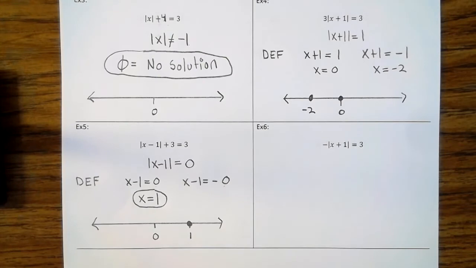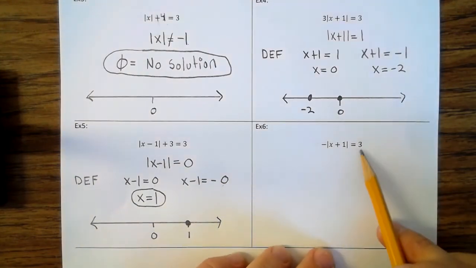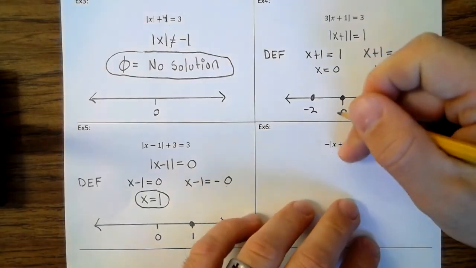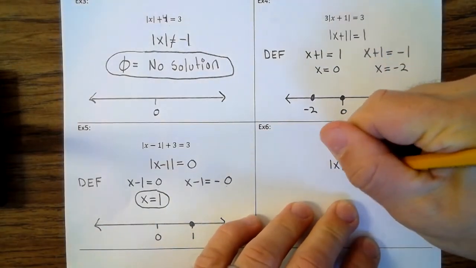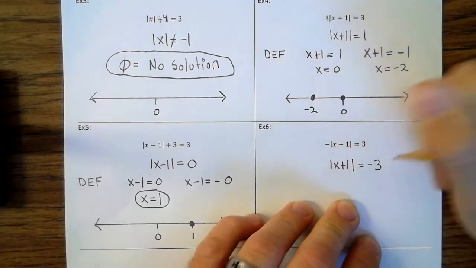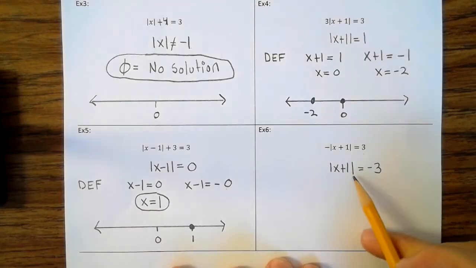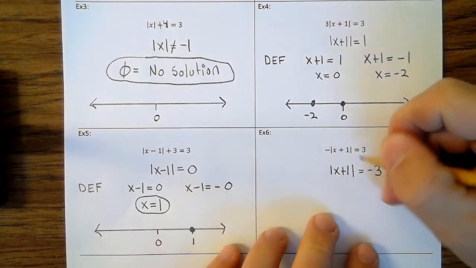All right, last example. So first step, you isolate the absolute value. Okay. So first step is we divide by negative 1. So the absolute value of x plus 1 equals negative 3. Now, just like example 3, the absolute value can never equal a negative number.